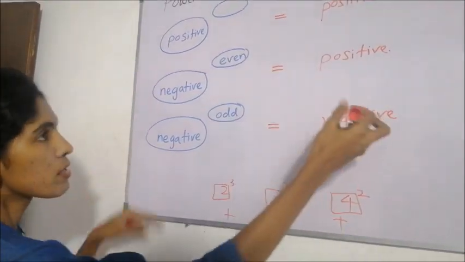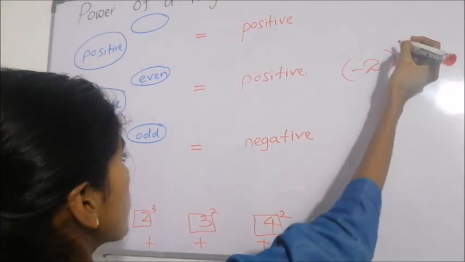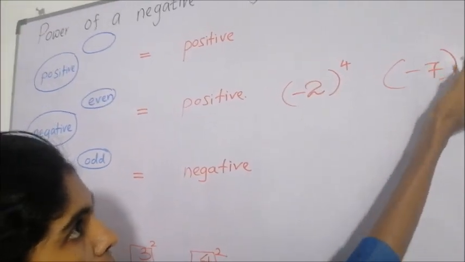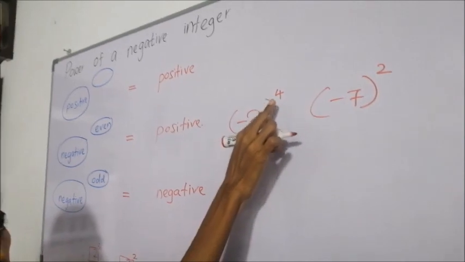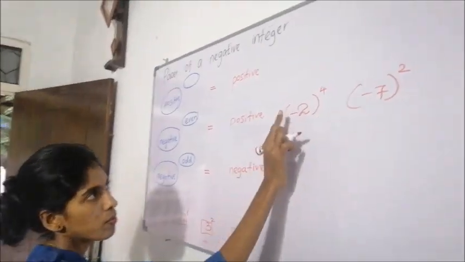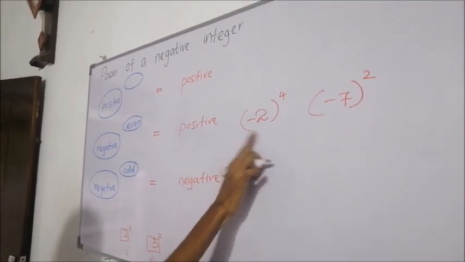For example, we will take this: minus 2 to the power 4, minus 7 to the power 2. We can see these are negative integers and their powers are even. Okay, even powers with negative integers.